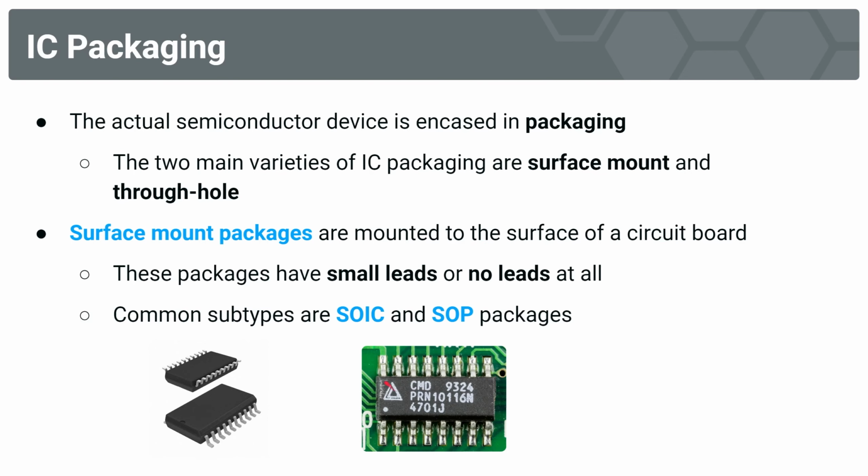So you can see in this image here, we have this surface mount device, which is soldered onto the surface of the circuit board. These packages typically have small leads or no leads at all, and you will see when you look up ICs in the future that some common subtypes of surface mount packages are SOIC and SOP.